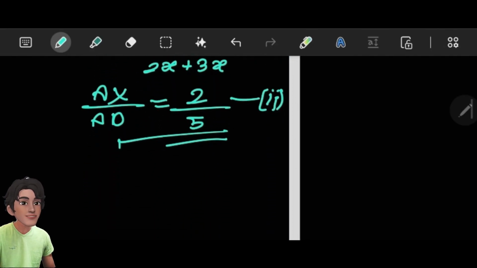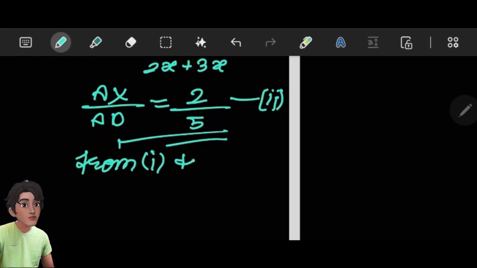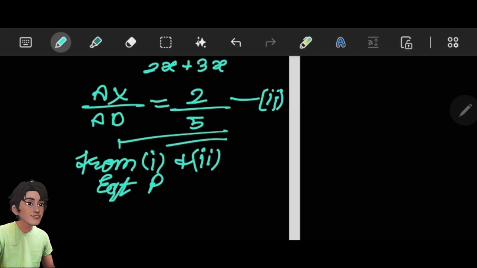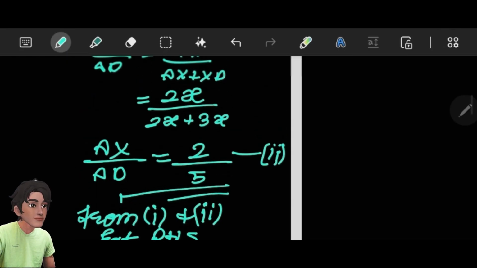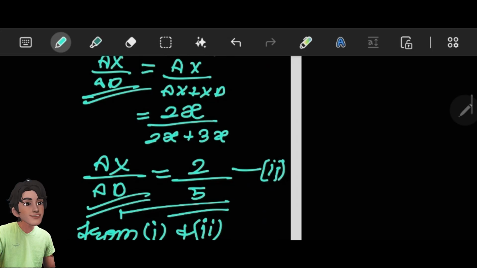Now we can see that the left hand side of both these equations are equal, AX by AD. So therefore from 1 and 2 we are going to equate the RHS, where we would be getting XY by DE.